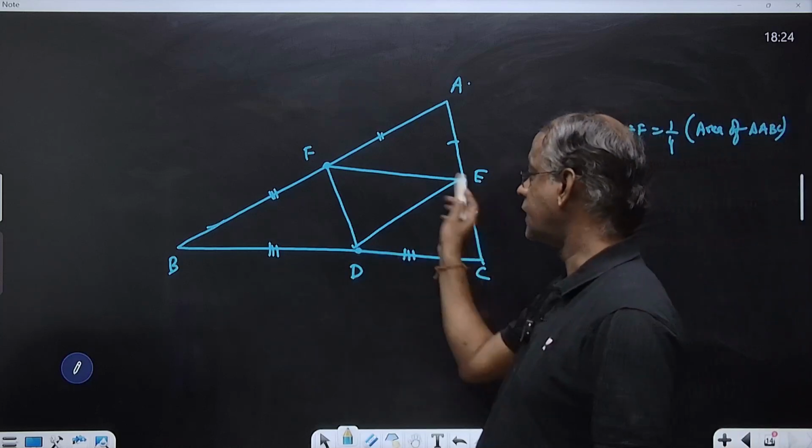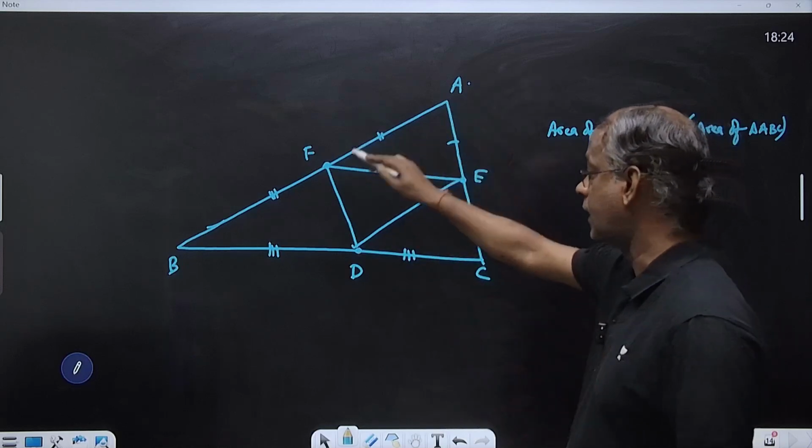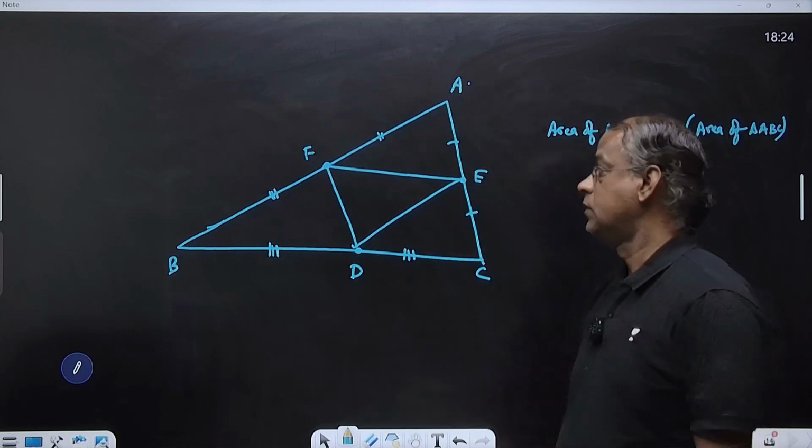You can say BDEF is a parallelogram. BFEC is a parallelogram. AFDE is a parallelogram.